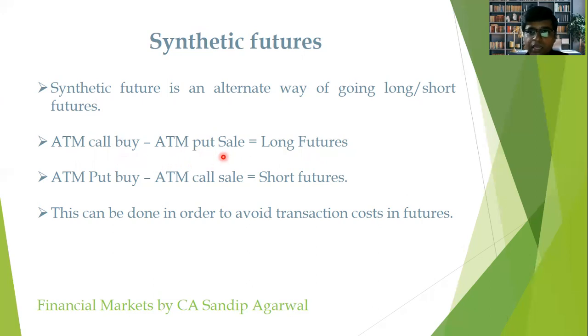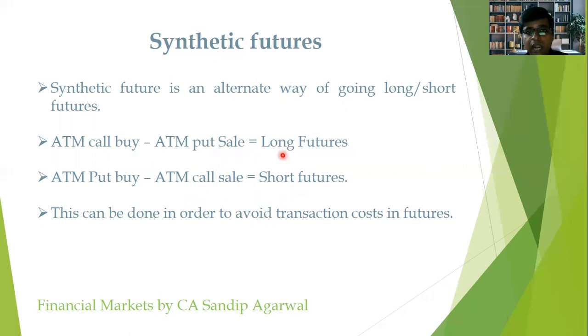So that's why somebody does this synthetic futures by buying an ATM call option and selling an ATM put option instead of long futures, in order to avoid the transaction cost as well as the funding of the MTM loss.